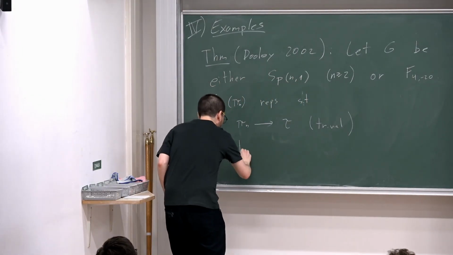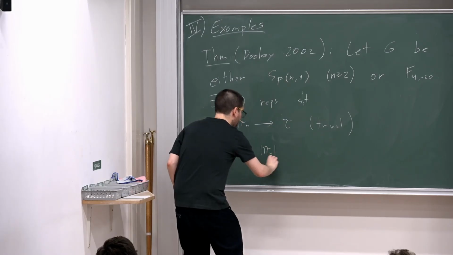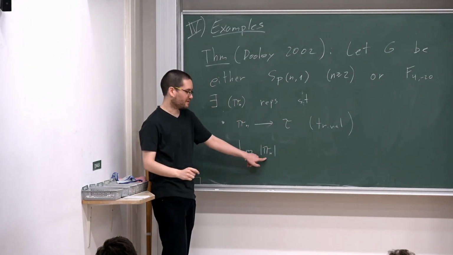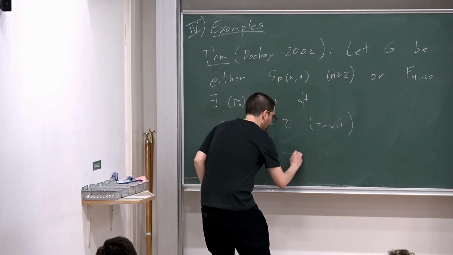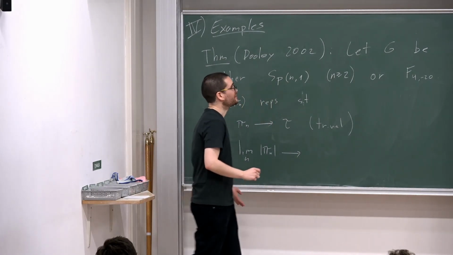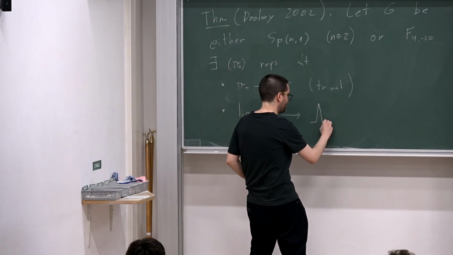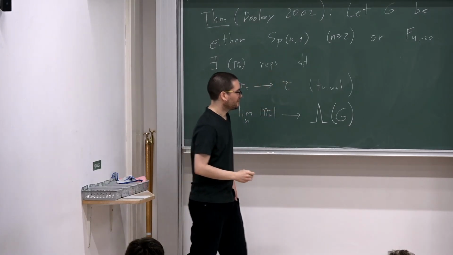And the limit of this thing, so yeah, I already erased it, but this is the supremum over all the elements of the group of the norms. This converges to a number, which is a very important number, so it has a name. It's the Cowling-Haagerup constant of the group.